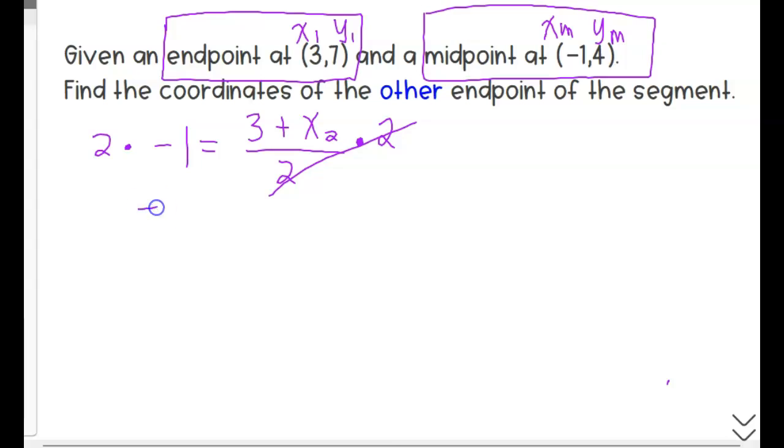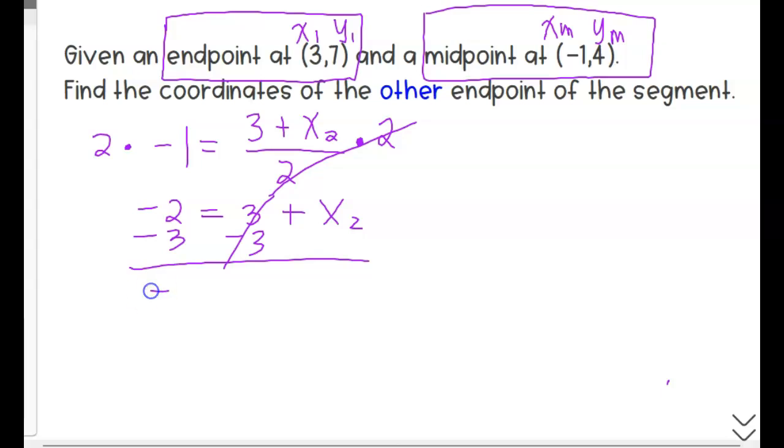So 2 times -1 is -2, and then we're left with 3 plus x2 over here. Okay, and what would be your last step? -3. Yes. The opposite of adding is subtracting. Move the 3 to the other side. Cancel it. -2 minus 3? -5. So my x coordinate is at -5.